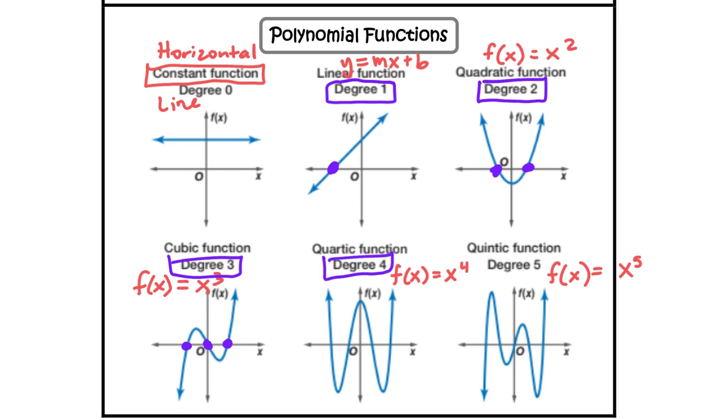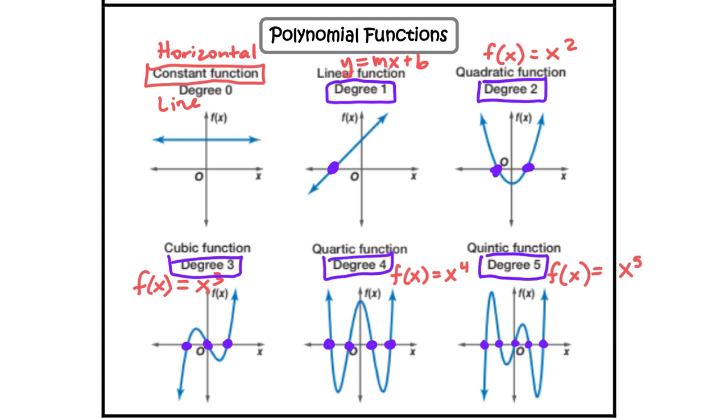Degree 4, I have 1, 2, 3, 4 x-intercepts. Degree 5, do you guys see a pattern? 1, 2, 3, 4, 5. The degree will tell you, or not calculate, but will tell you, how many possible x-intercepts the graph will have. It's pretty interesting, pretty nice feature, right?